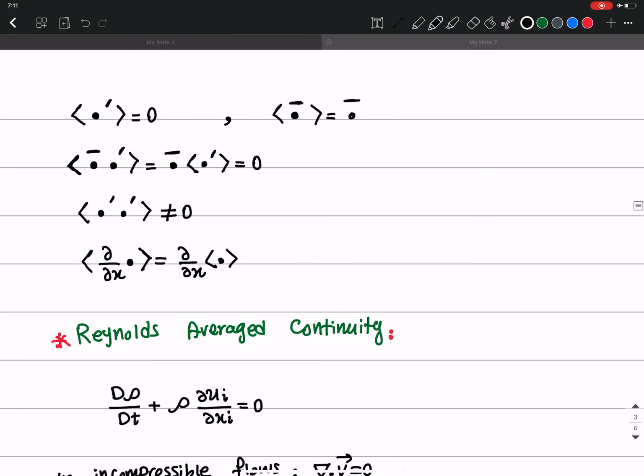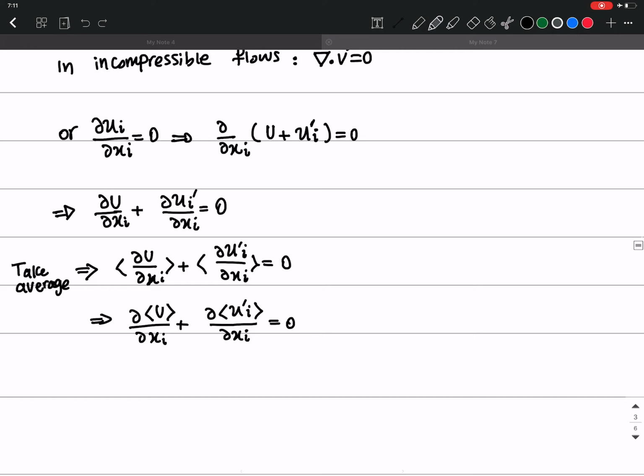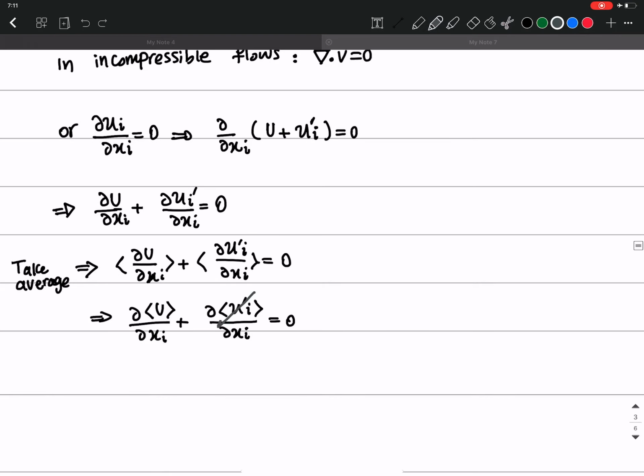And we know from here that this is just 0, and we know that this is just going to be capital U. So this means that partial capital U over partial xi equals 0.